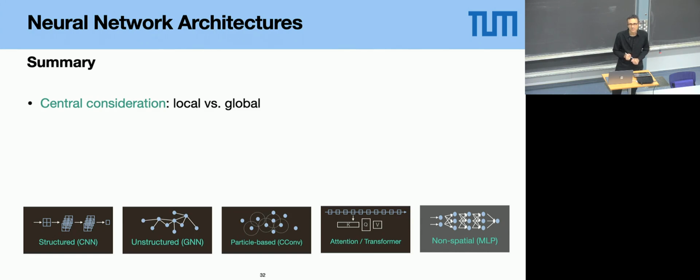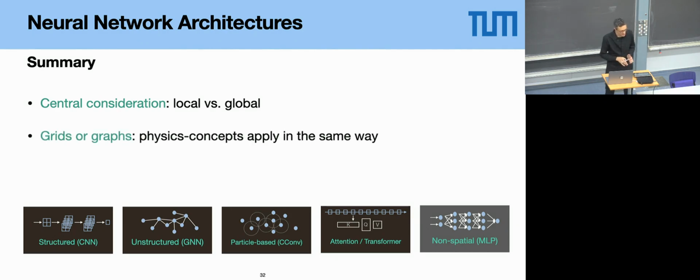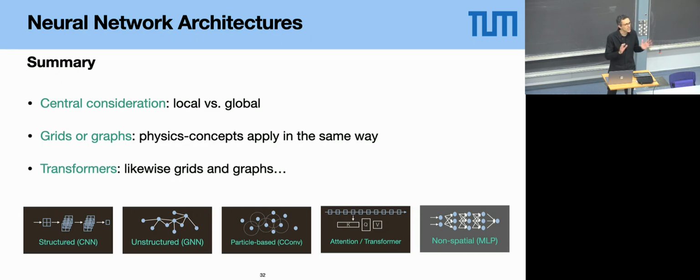In practice, many problems will probably have both. So if unsure, it's a good idea to make sure that your architecture can deal with both of these kinds of effects, at least on a reasonable level. And most of the other concepts, whether you have regular grids or graphs, or want to apply transformers, are relatively orthogonal, and the following applications of physics models that we'll discuss are also pretty agnostic to neural network architectures.